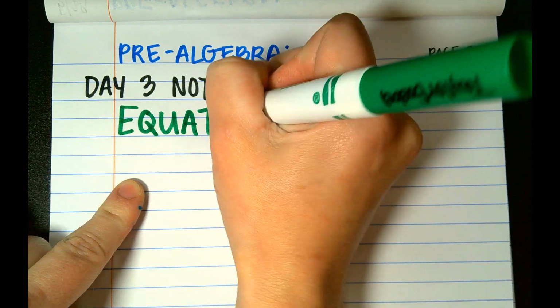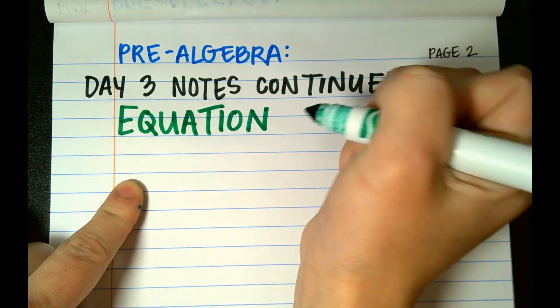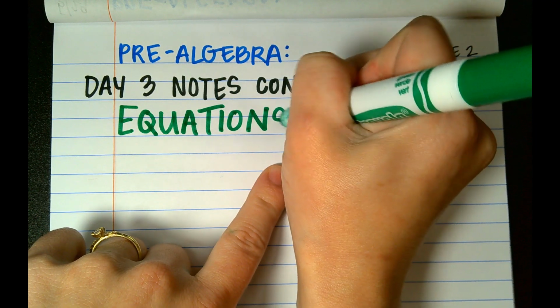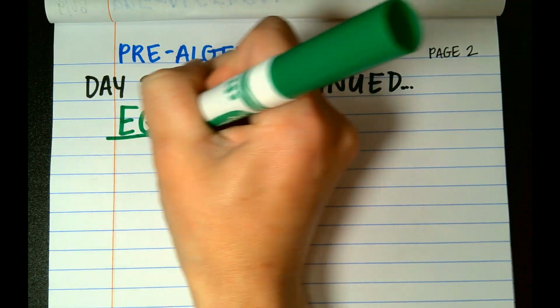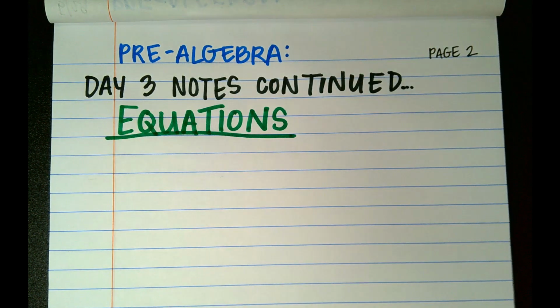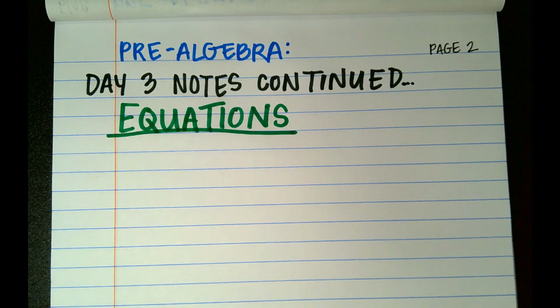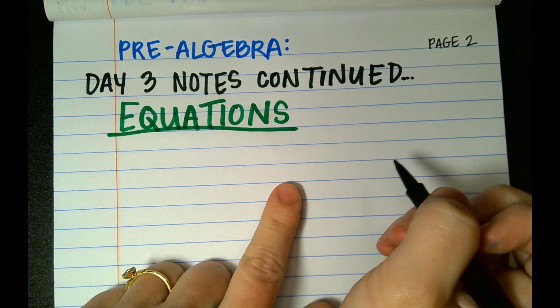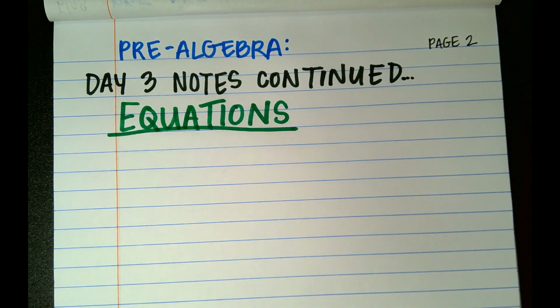Equation. Have you ever heard of equation before? Equations. Do you know what an equation is? Any ideas? An equation is basically a bunch of numbers, with letters, with variables, and an equal sign.